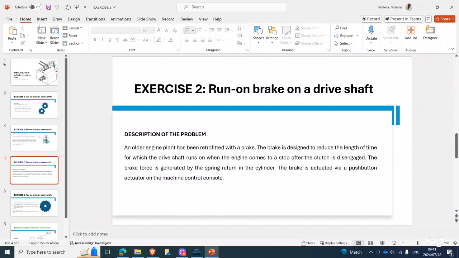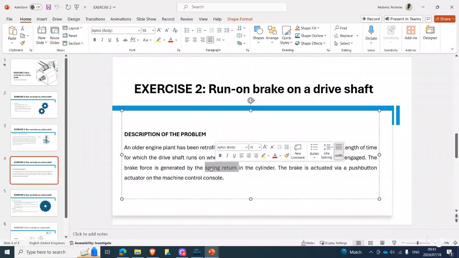As I said in the previous exercise when explaining cylinders, the keywords will be in the description of the problem, or in the description of the process. Here, hearing the words spring return, as I mentioned in the last exercise, in the context of what we are doing now we'll only be focusing on the single acting cylinder and the double acting cylinder.